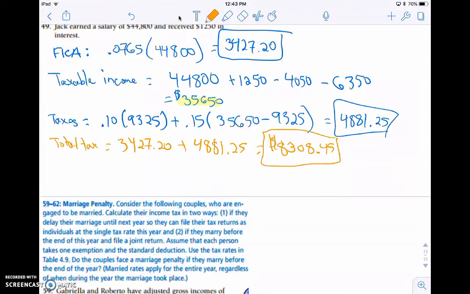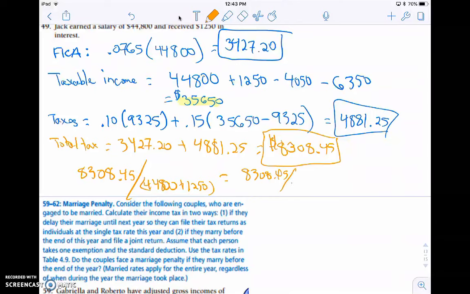Then we want to find out what portion of Jack's earnings and gross income is paid out to taxes. So we take the amount that he's taxed, $8,308.45, and divide it by the total, which is 44,800 plus the 1,250.